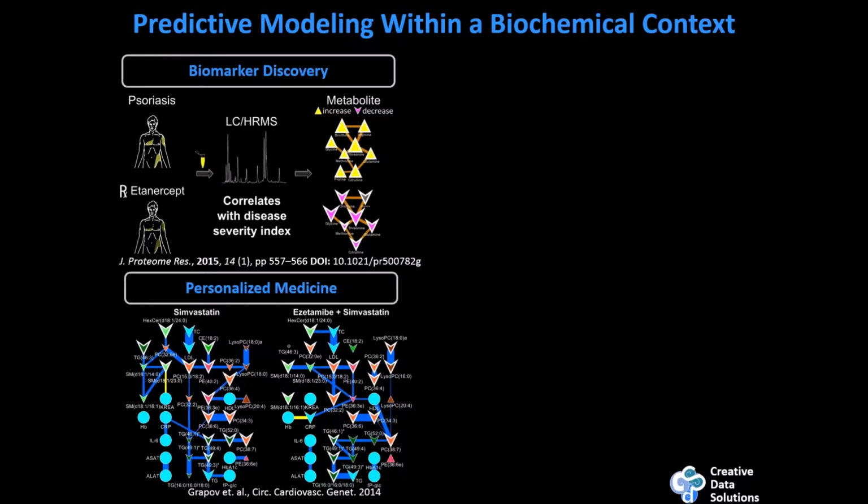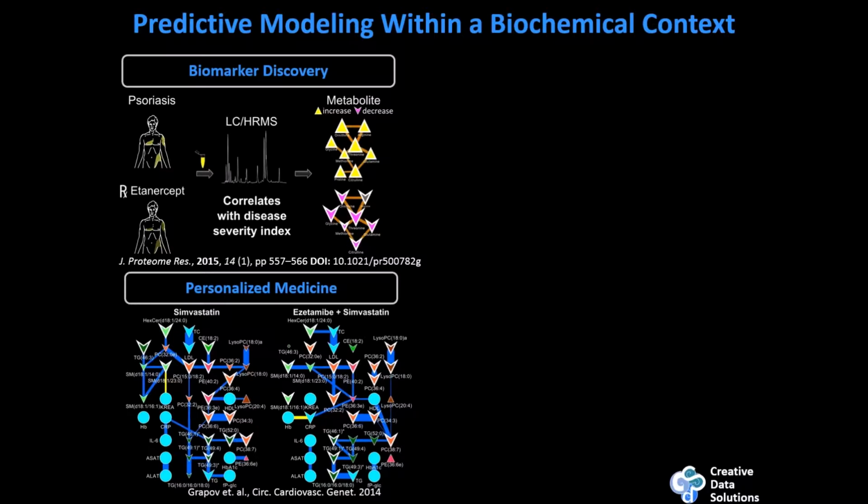And so what we'd like to do is develop a model that links what your metabolome looks like to how you will respond to various drugs. And then when a patient comes to us, we'd like to measure their metabolites and then predict the best combination of drugs they should be using, or even more importantly, which drugs are going to have no benefit to them or could even be detrimental to them.